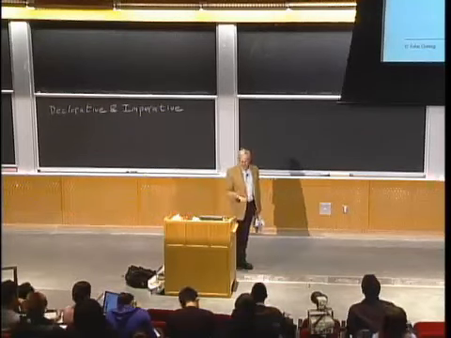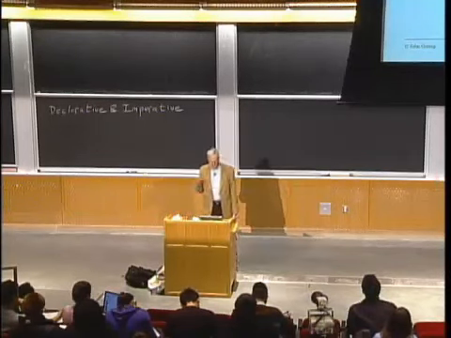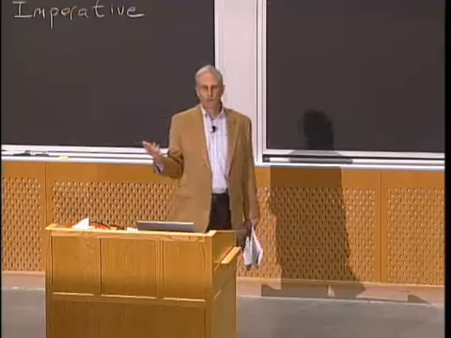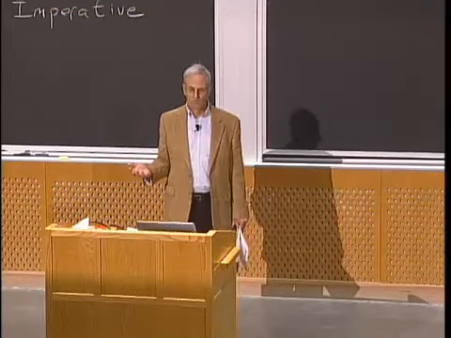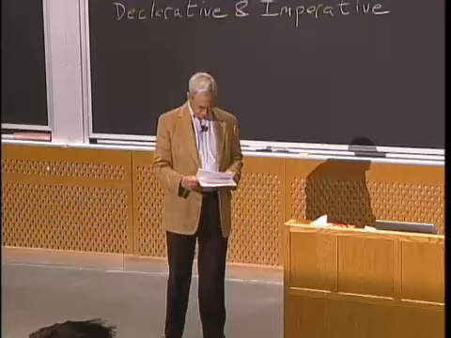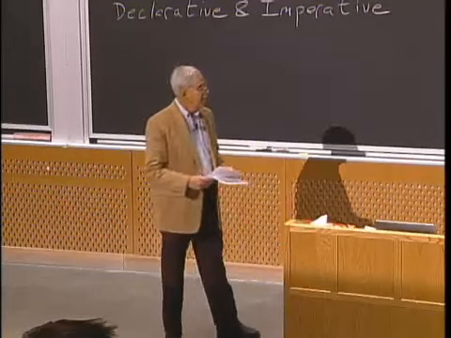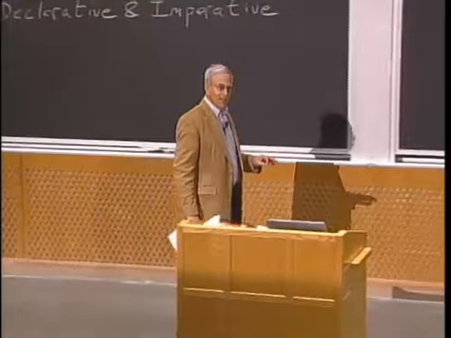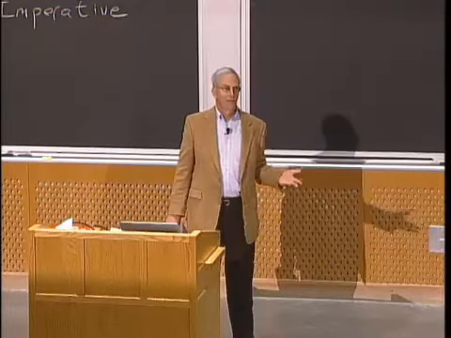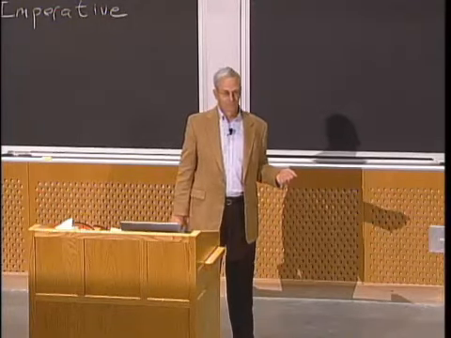In a more mathematical sense, say y is the square root of x if and only if y times y equals x. All right? Perfectly clear statement of what it means to be the square root, but it doesn't tell you how to find the square root. Interestingly enough, it does tell you how to test whether or not you have the answer to the square root.